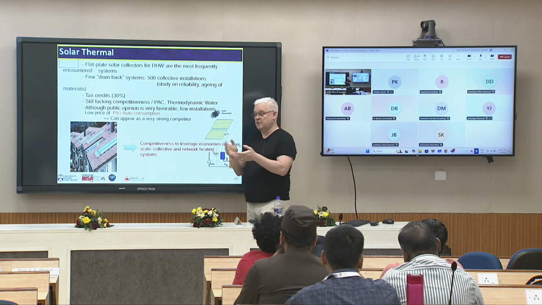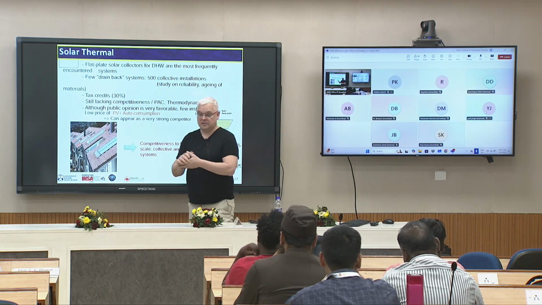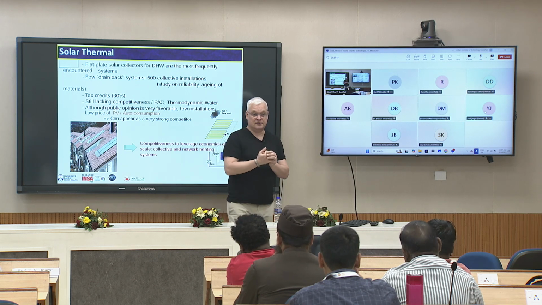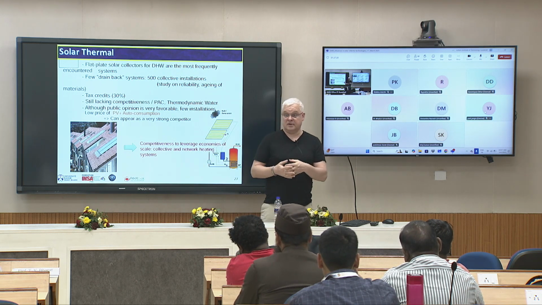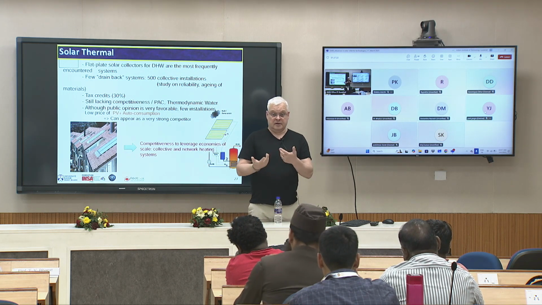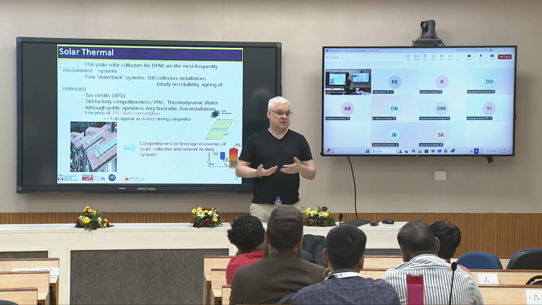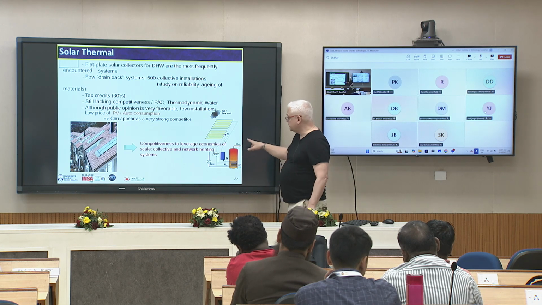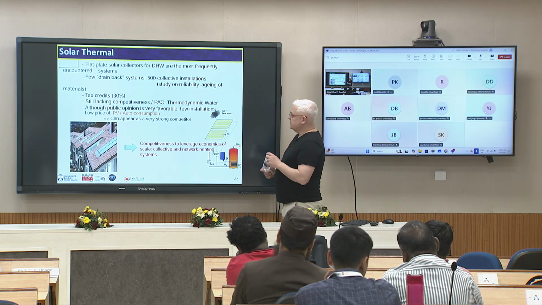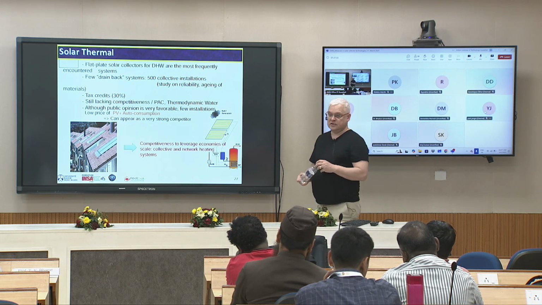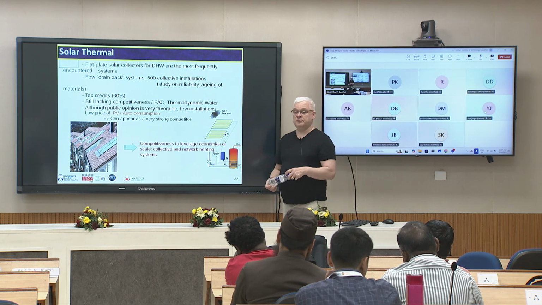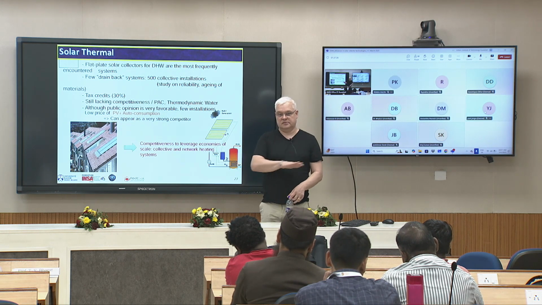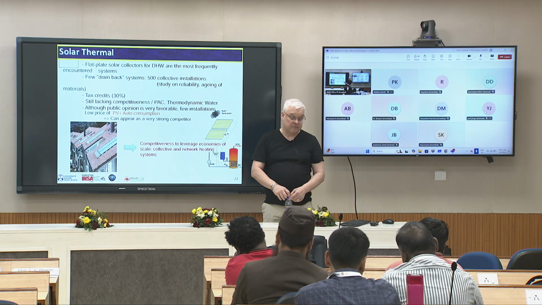Because when you are traveling or on holidays, the family doesn't use hot water anymore, and at a certain stage it's becoming too hot, okay? Because it's a closed loop. So there is a system that allows to avoid that. More simple is to have a screen on your solar thermal.